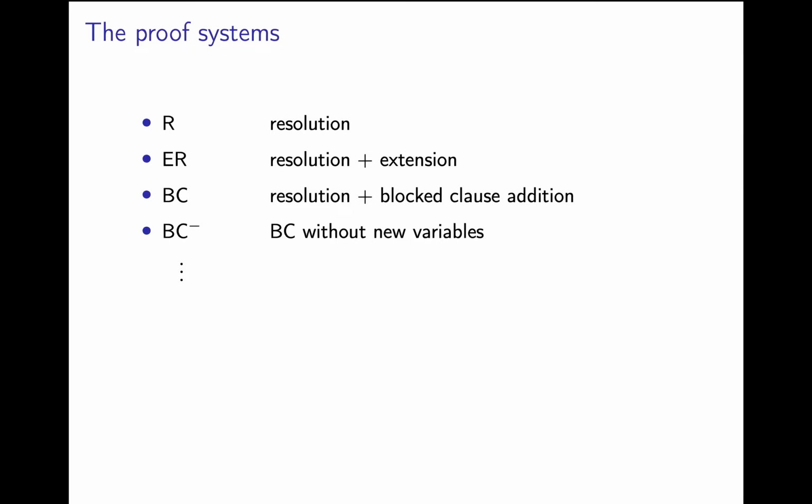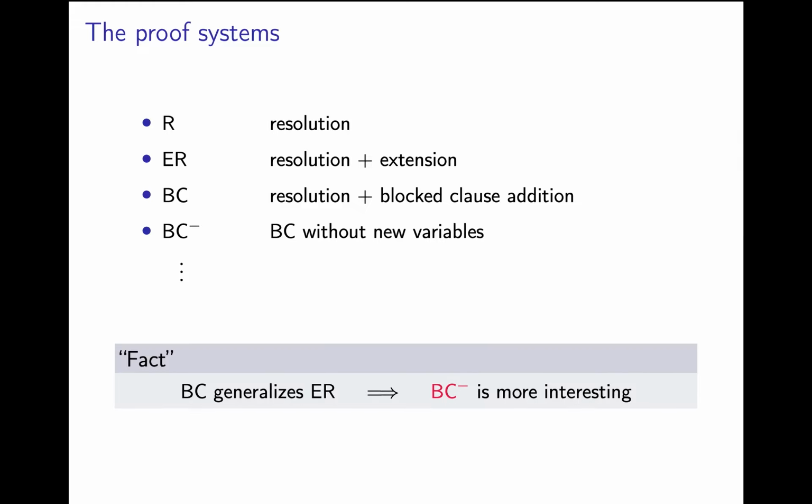And although I haven't explicitly told you about them, there are generalizations of blocked clauses which give rise to proof systems, and they can also be restricted in a similar manner to disallow new variables. This restriction is really significant because it turns out that without it, BC actually generalizes extended resolution, which we were trying to avoid in the first place because it is too powerful.